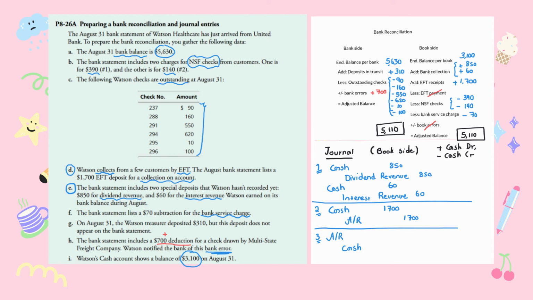So accounts receivable will increase. Okay, so here we have two non-sufficient fund checks. Okay, 390 and 140. So I'm gonna add them up. It's gonna be 530. So the amount is 530.